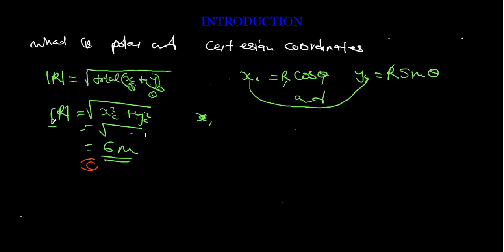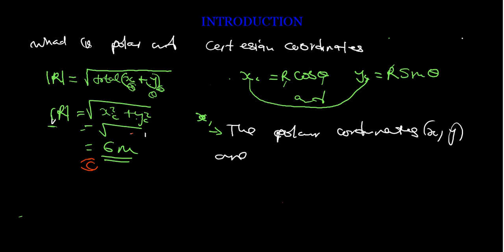So let's say I give an example. Let's say we have the example where the polar coordinates, which are theta and the resultant, are given.